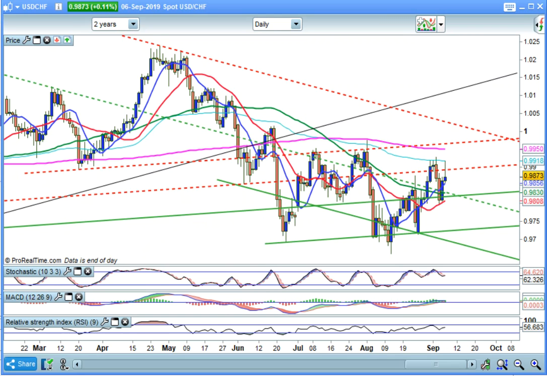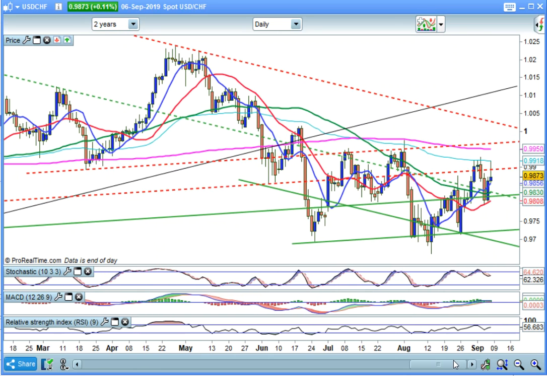So for me, at the moment, the way that the market is looking with these indifferent, neutral moving averages, stochastics and RSI, MACD, what I'm looking for is for the dollar to weaken. And more, I think, in sterling and euro, but we'll do that in a bit.